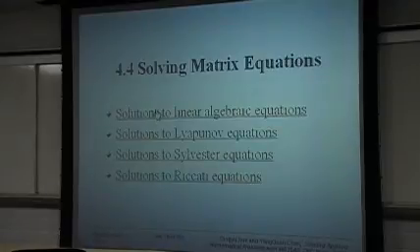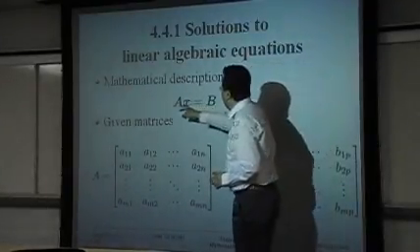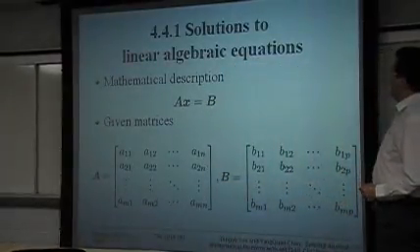Let's start with a simple kind of linear equation, the linear algebraic equation. The standard form is A times X equals B, where A and B are given matrices like this. How can we find X?